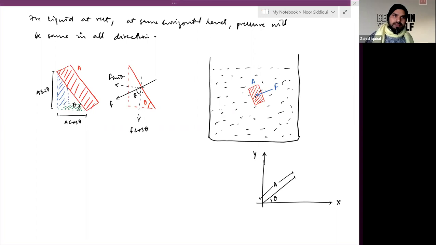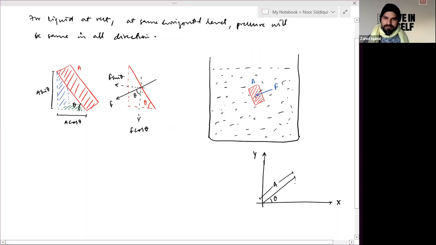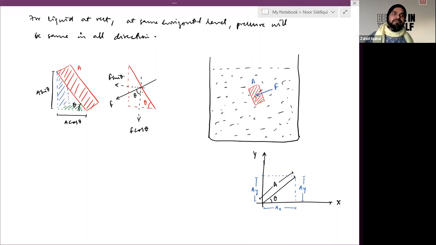So for this A, draw a vertical line and a horizontal line. From this point to this point will be AX, and from this point to this point will be AY. Is it clear? Yes, sir.